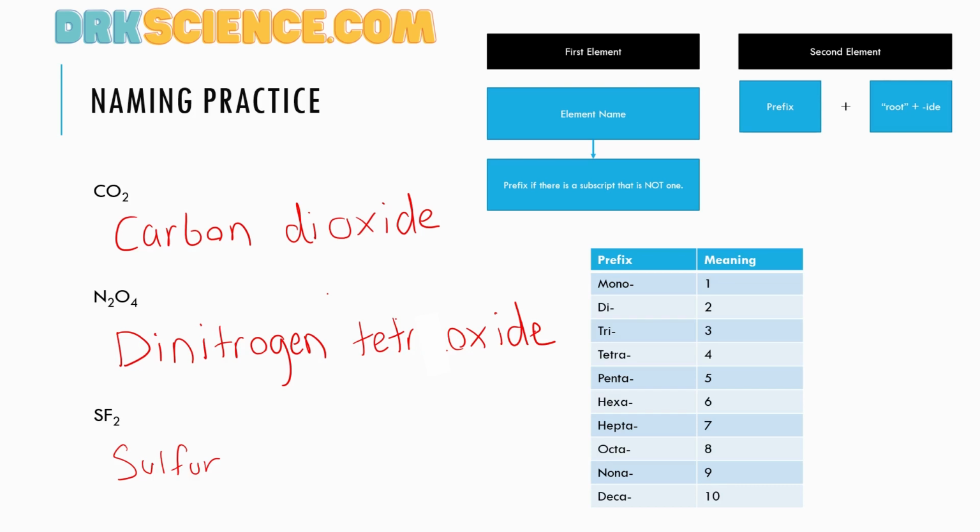There are 2 fluorines. We go over to our prefix table. We see that it's di. We do di. We take the root, take off the ending of fluorine, and add IDE instead. So we get sulfur difluoride. We can do some more naming practice with these.